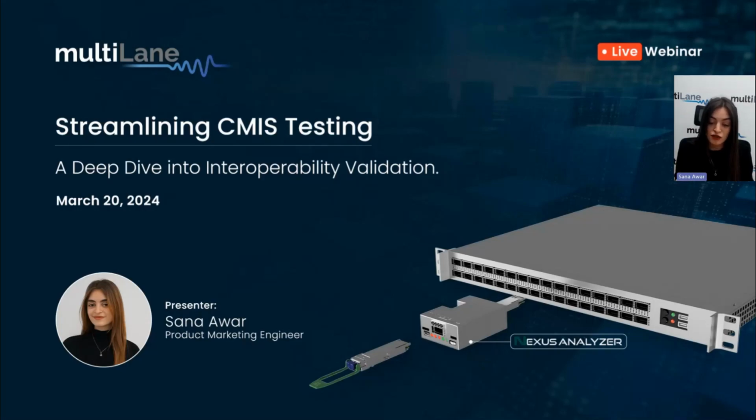A little bit on CMIS for those of you that are fairly new to it. CMIS is the Common Management Interface Specification. It's the universal playbook for interoperability of all Ethernet interconnects.